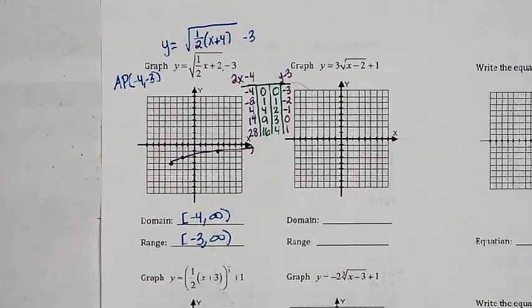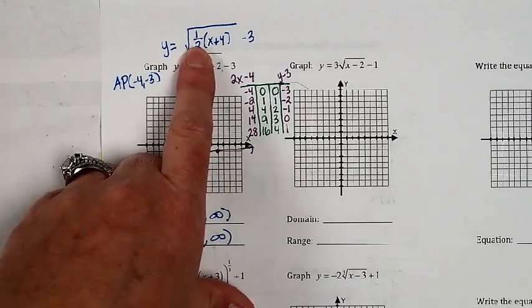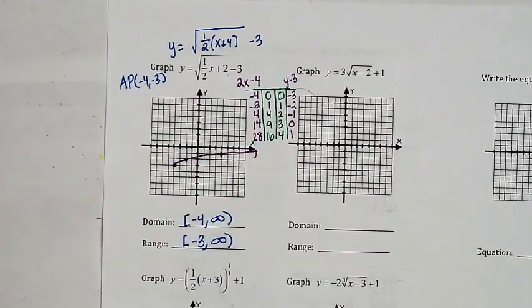Why did you make it 2x minus 4? Because anything with the x is the opposite. So the opposite of a half is 2, and the opposite of adding 4 would be subtracting 4.